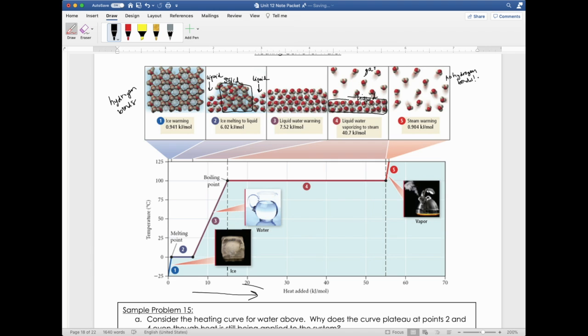So there is a very specific rhyme and reason as to why the heating curve for water looks just like this. Now, of course, if we were to construct a cooling curve, it would be the exact opposite of this. It would start off high and the plateaus would be relatively the same size, but it would decrease as I go across there.